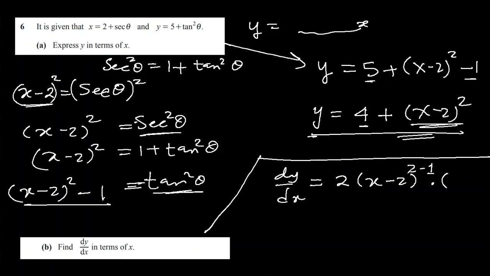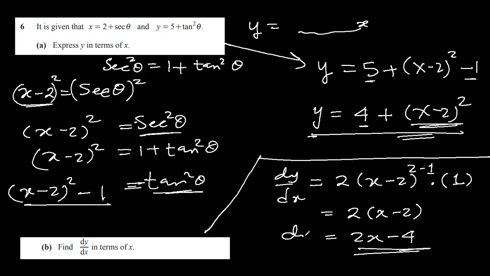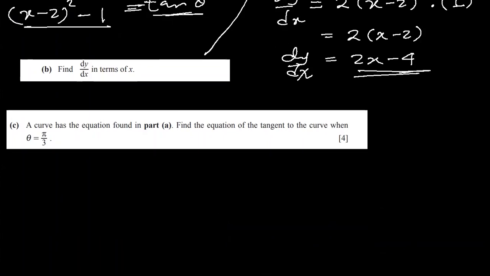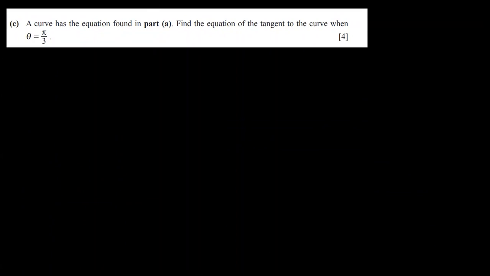Further, we multiply by the differentiation of what is inside the bracket, which is just 1. So it will be 2 times x minus 2, or if you want to write 2x minus 4. That's what they wanted. In terms of x, this is dy over dx in terms of x. Let's move on to the next one.